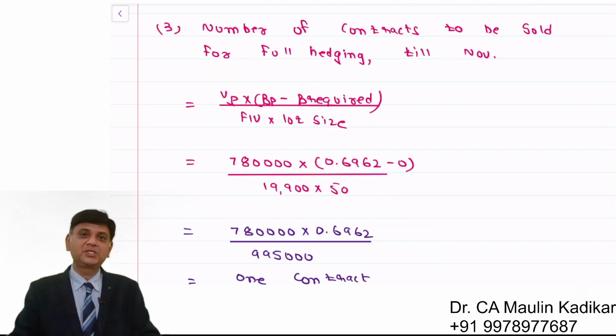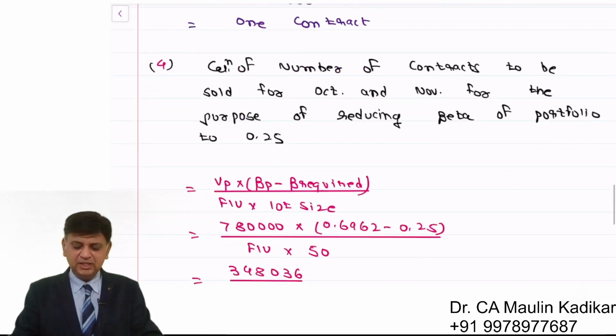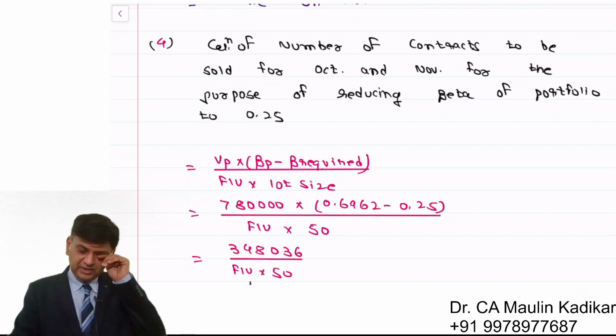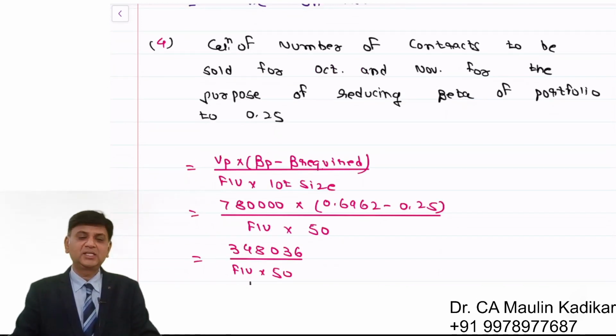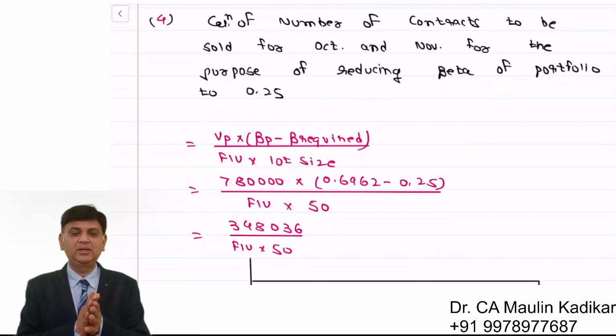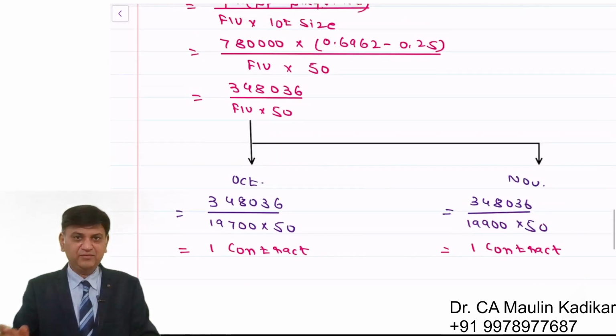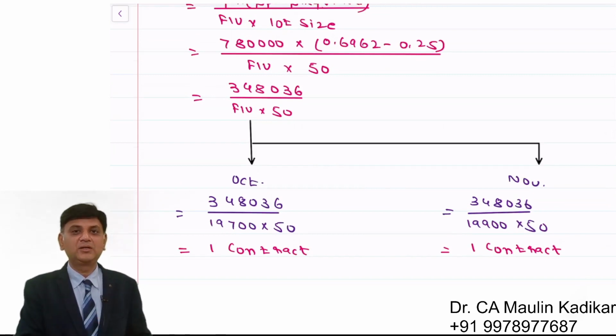In third part of the question, we are required to calculate the answer based on the value which is given to us in the question. In the fourth part, I have done the answer by taking the number of contracts to be sold for October as well as November in order to reduce the beta to 0.25. And since the answer is coming in less than 1, that is a fraction, and fractional number of contracts cannot be entered upon, I've written that one contract will be entered upon.